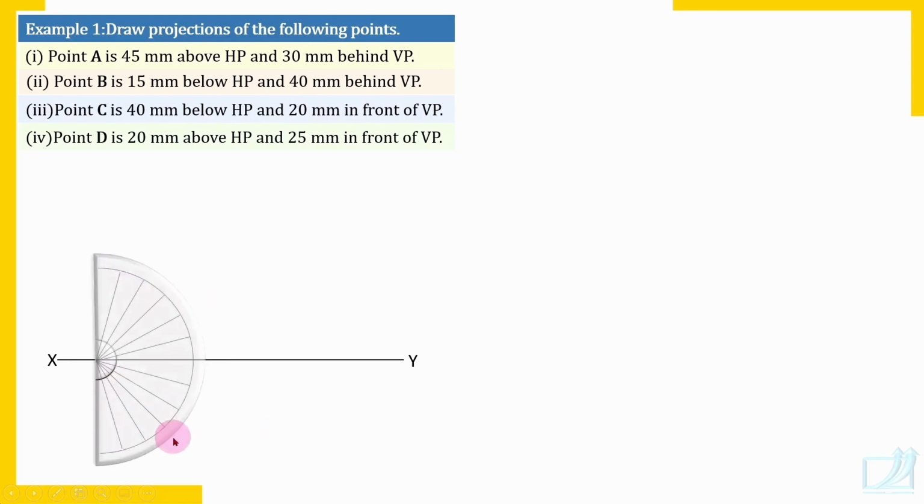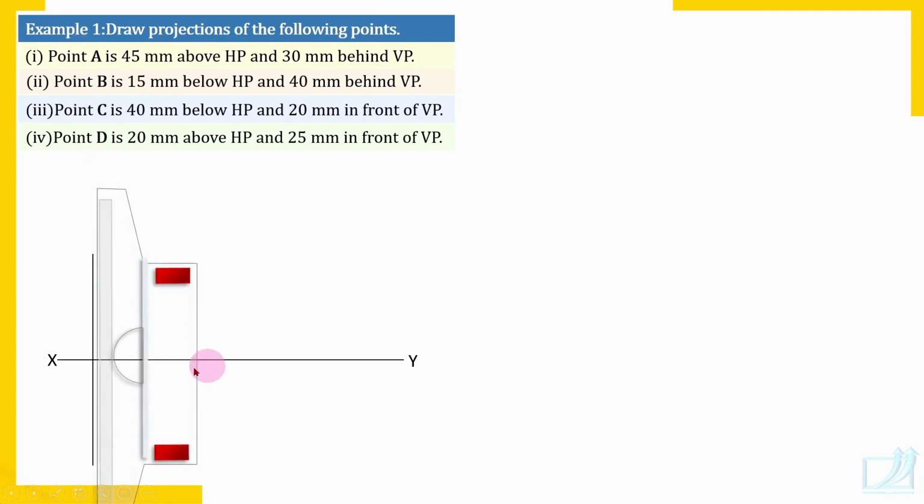Use protractor. But how you are going to use this protractor? Axis of symmetry of protractor, simply set it with XY line, and the straight edge of the protractor will give you the projector. So here we have drawn the projector, and there are 4 points involved here. So we are going to draw 4 projectors.